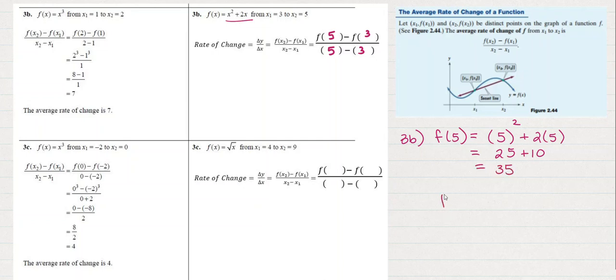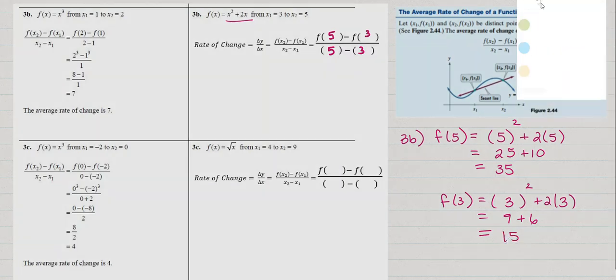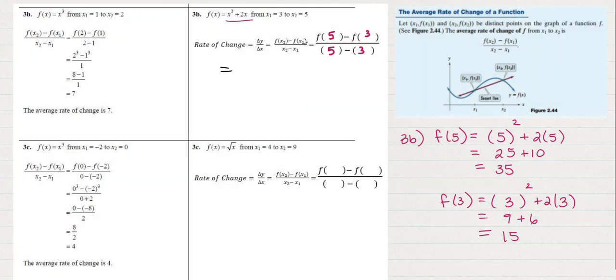And then we're also going to need f of 3. F of 3 is 3 squared plus 2 times 3, right? So we take our function x squared, replace the x with 3, 2 times x, replace the x with 3. So we're going to have 9 plus 6, or 15. Now I can take those numbers and replace f of 5 with 35.